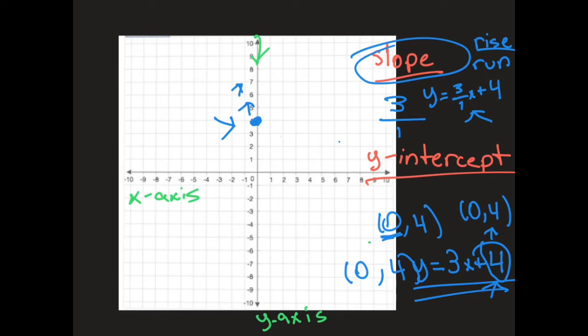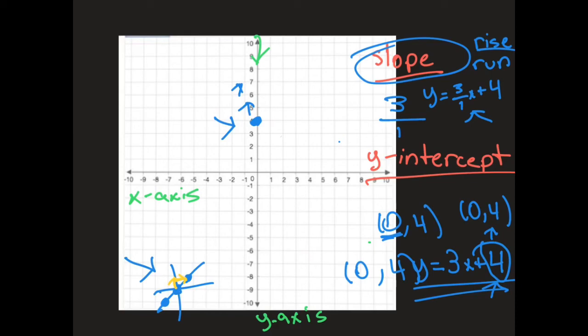So let's say we have a graph right here. Let me just make another drawn graph. And we have a line, and it has several points on it. The rise of this graph would be how much this point rose, and the run of the graph would be how much this point went horizontally to the next point.